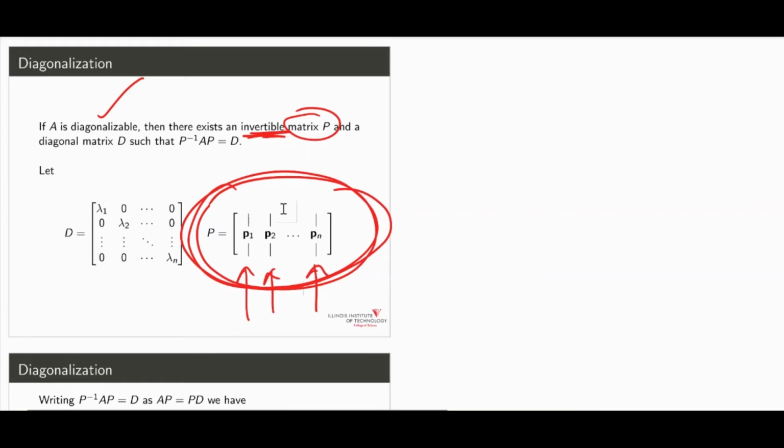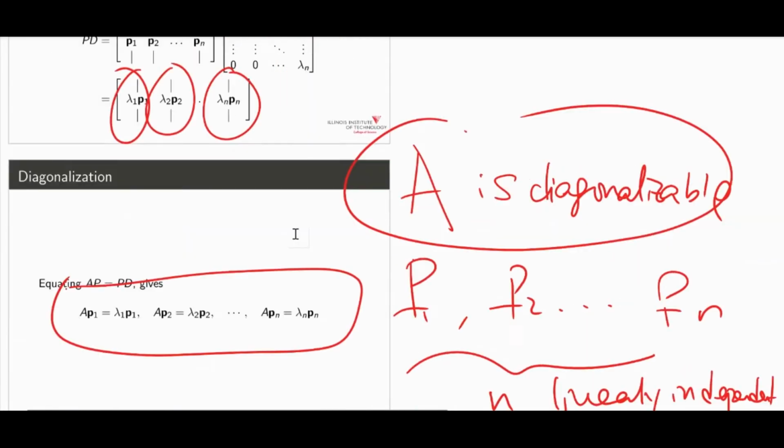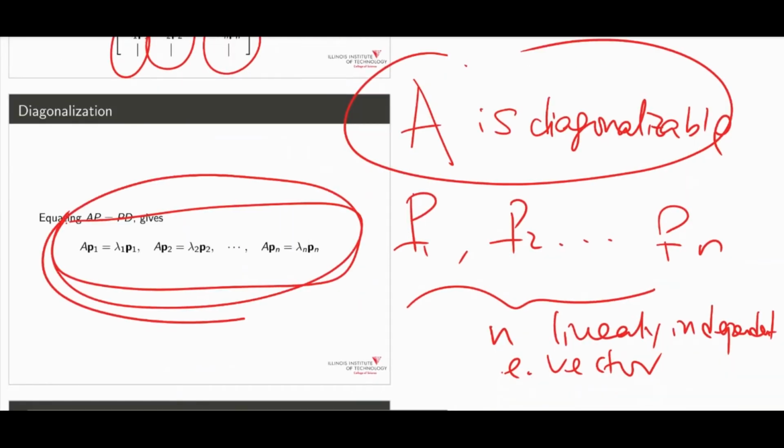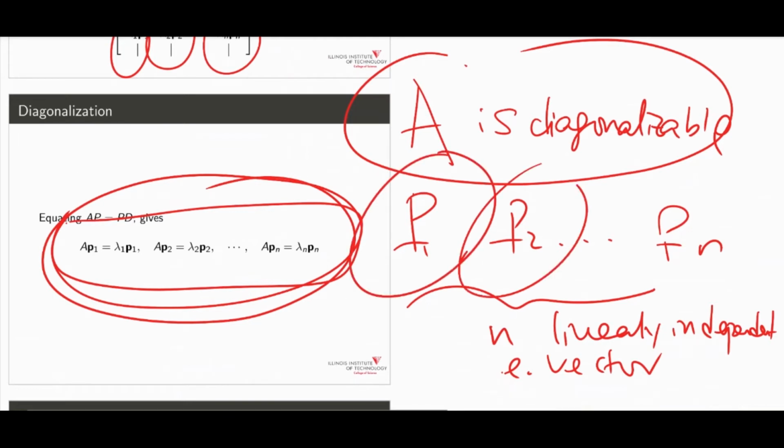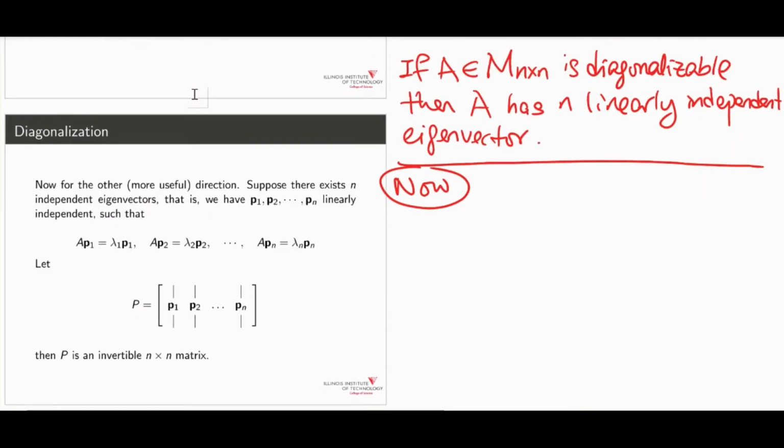So because P is invertible, we found n eigenvectors, and they must all be linearly independent. So this is the first part of the proof. We have seen this part of the proof, that is, if A is diagonalizable, then A has n linearly independent eigenvectors.